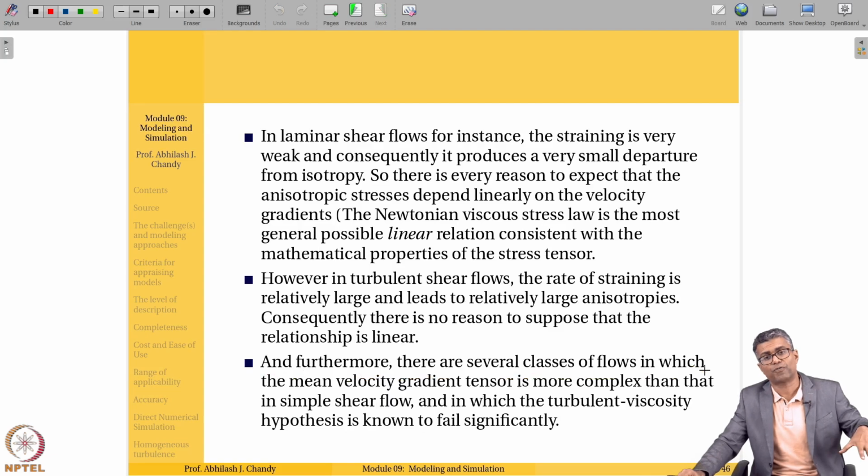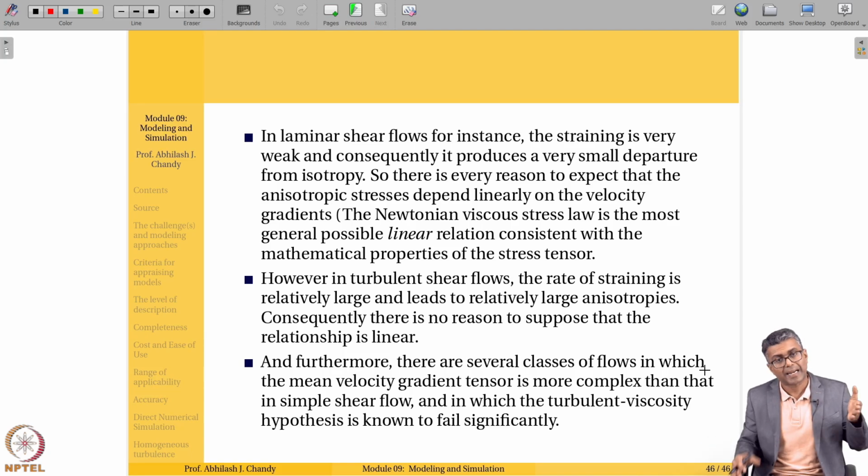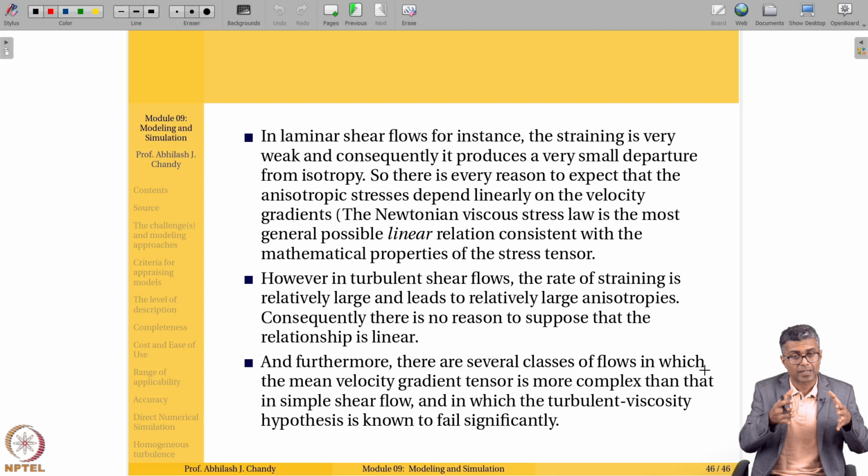So in laminar shear flows, for instance, the straining is very weak, and therefore it produces a very small departure from isotropy. So there is every reason to expect that the anisotropic stresses depend linearly on the velocity gradients. And that is what we have in Newton's law, right? That Newtonian stress is proportional to the strain rate.